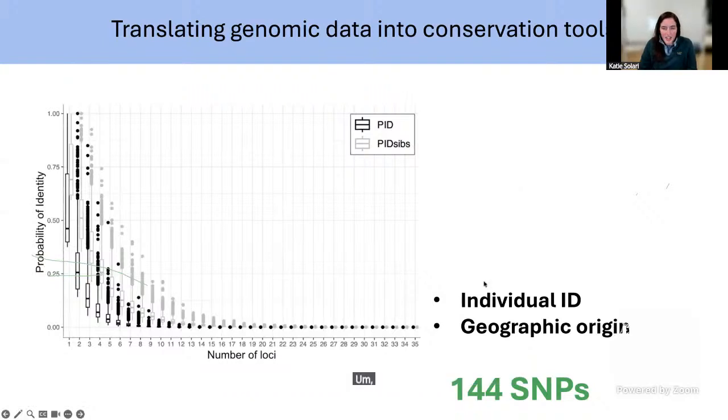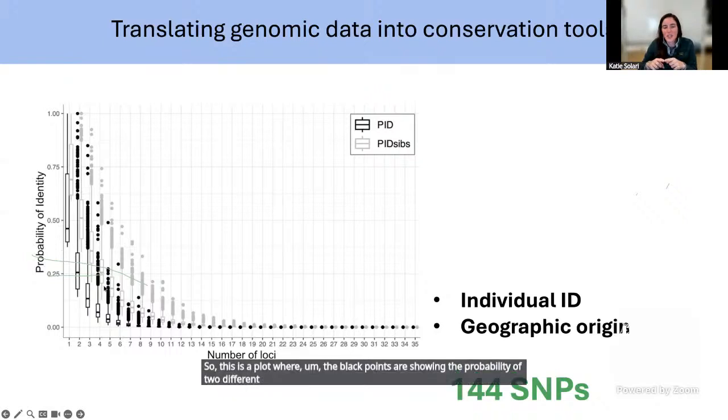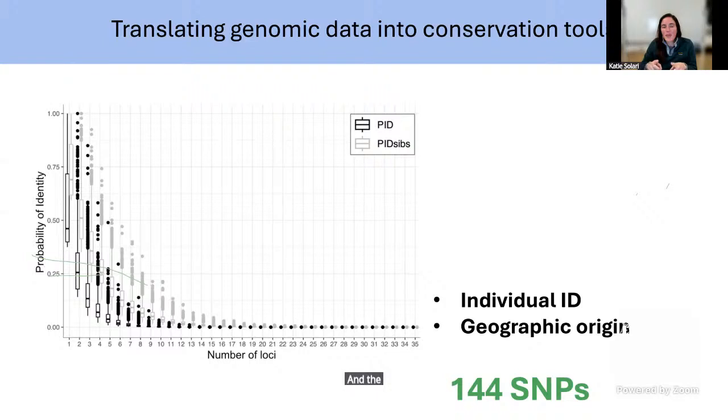And then this is showing that individual ID can be done with much less than 144 SNPs. This is a plot where the black points are showing the probability of two different individuals having the exact same SNPs. And the gray points are the probability of two siblings having the exact same SNPs.